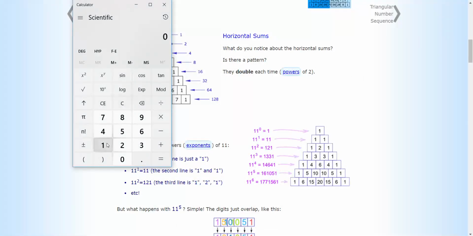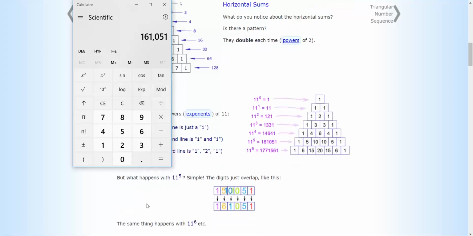Unless the rule is void, that's a different story. So it's 11 to the power of 5, which is 161,051, and there's a mistake in here. This doesn't exactly prove this. So what happens with 11 to the power of 5?